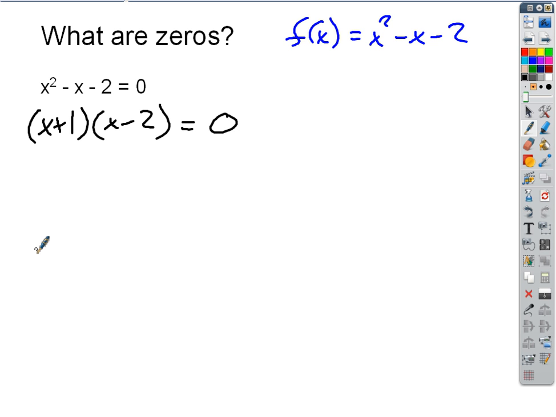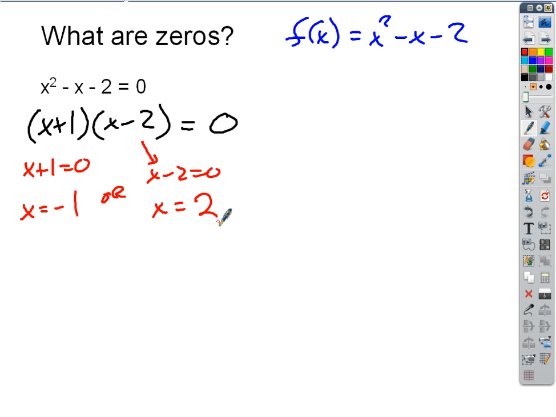When I set this x plus 1 equal to 0, what do I get for my answer? Okay, so that's one solution. Or, what about this one here? x minus 2 equals 0, so x equals 2. Okay, now I want you to see something.